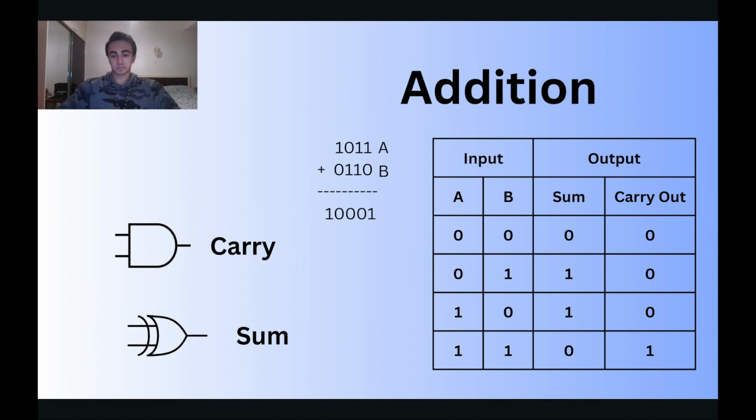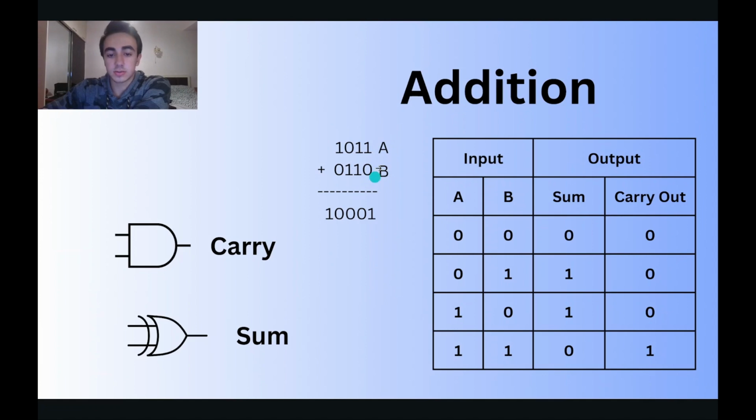Let's start. So, how do we do binary addition? In this example, we see that we can build a truth table for addition. So when we denote the addition, it is fulfilled in this way.